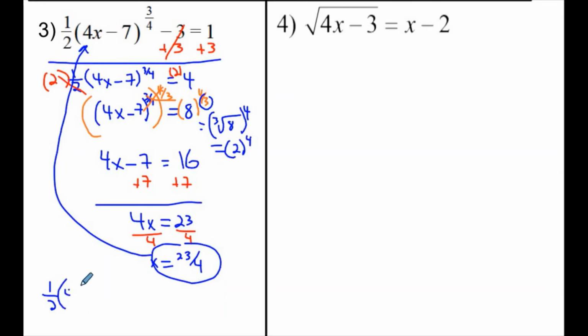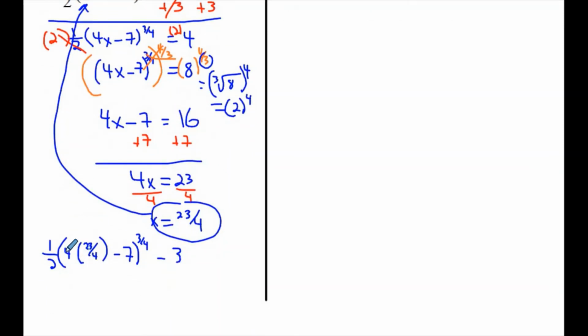So 4 times this answer of 23/4. Again, you can use Desmos, but it's important to just try to understand what's happening to this numerically, or else the inverses and things, they sort of get lost on you. So watch what happens each inverse at a time. This inverse cancels here, okay?